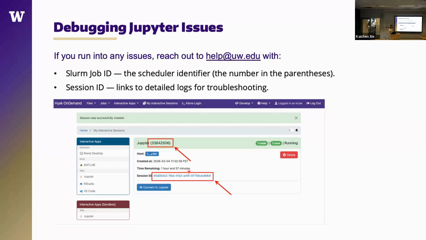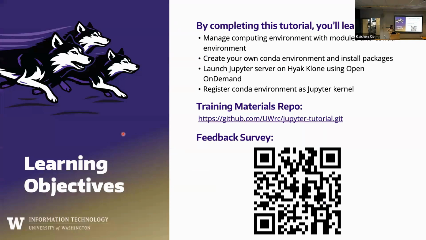And if your runtime exceeds that date, your job will be held until past that date. We will send notifications for the maintenance date if you're joining our mailing list. Okay, so basically that's all for the presentation part.